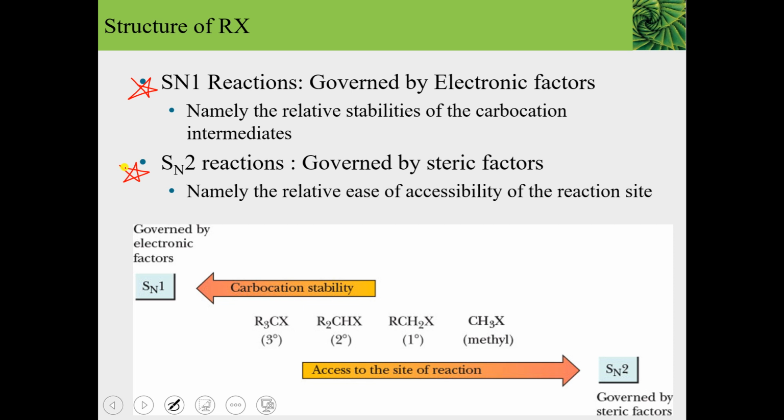But with a tertiary carbon, unless there are only hydrogens surrounding that carbon, that's not great for SN2 because it's going to block the nucleophile from coming in. So if we've got a tertiary carbon, that's going to go through SN1. If we've got a primary carbon, that's almost always going to go SN2.